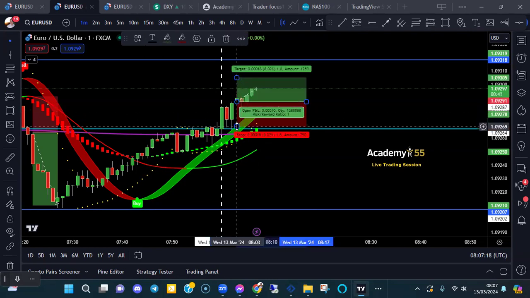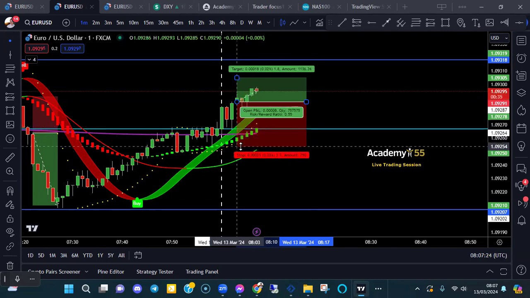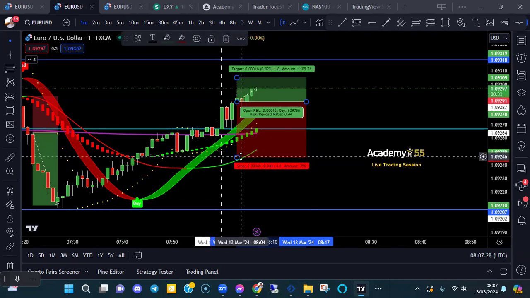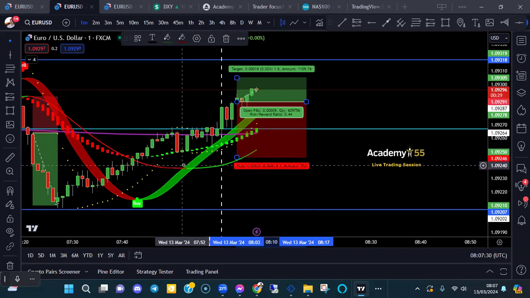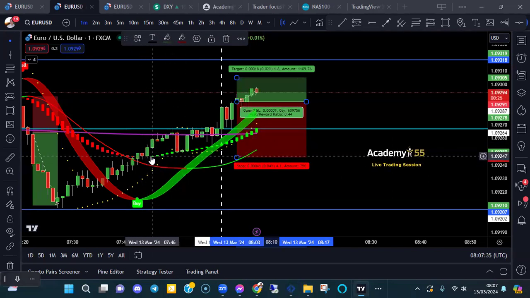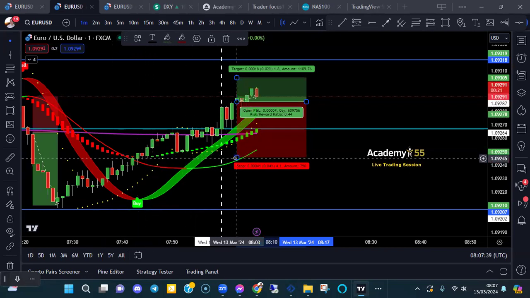My stop loss was at 1.09246, which is there. As you can see, more or less equidistant with where the wave started to turn green.